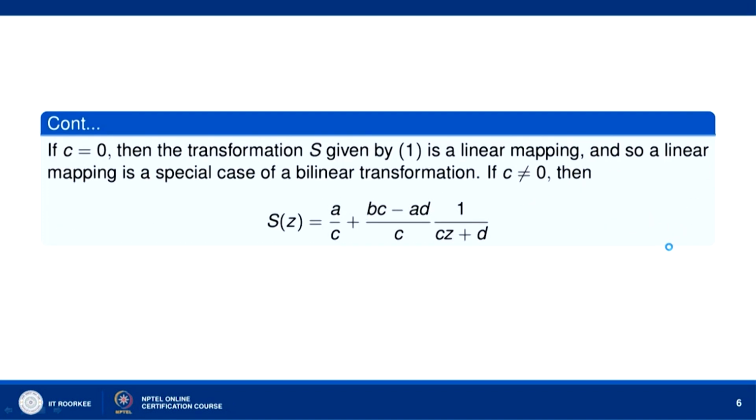So, it is a linear mapping, and a linear mapping is thus a special case of a bilinear transformation.